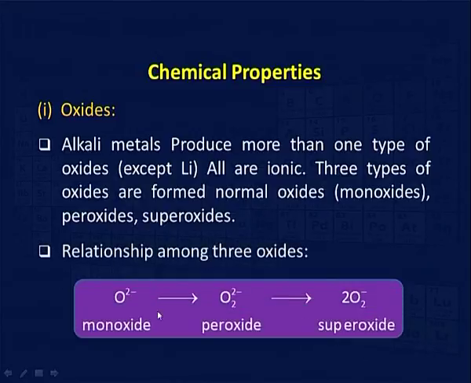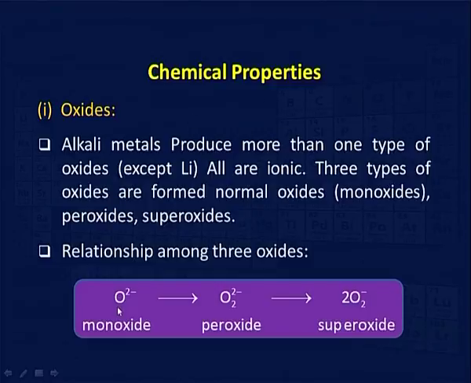Now, the relationship between them: there is the monooxide. As I said, O has a valency of 2 negative, and therefore you need 2 positive ions, as they have only +1 charge. So, the formula for normal oxide would be M2O.